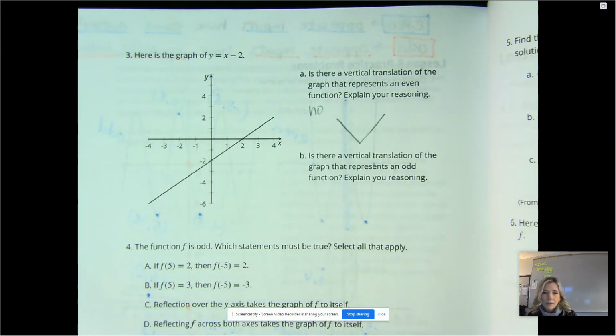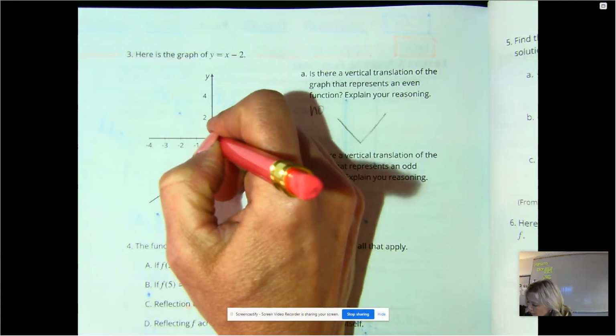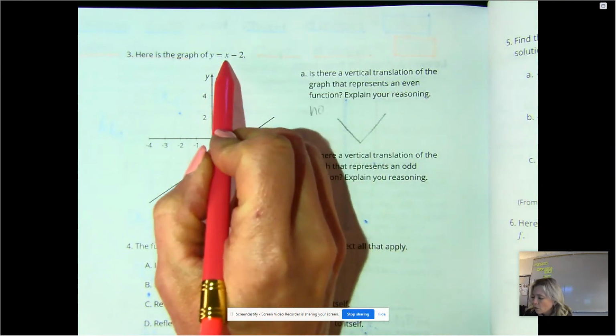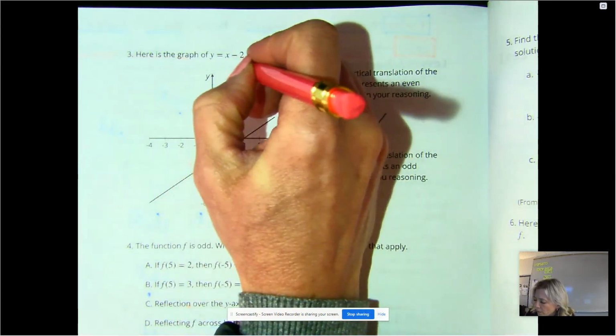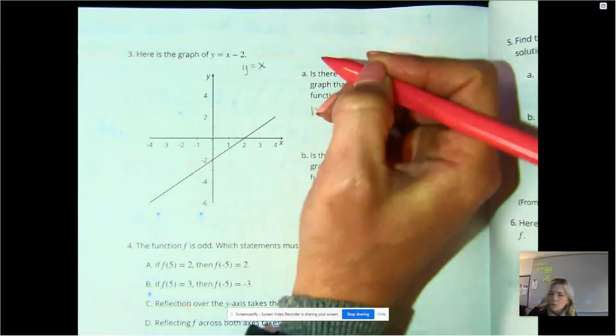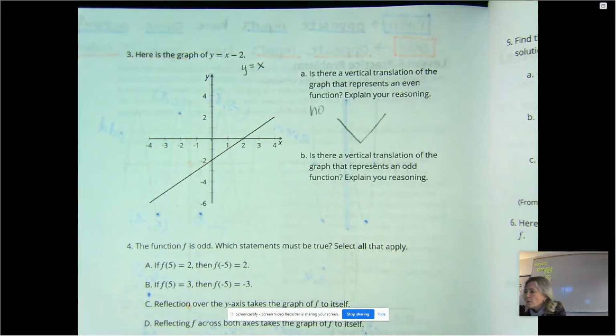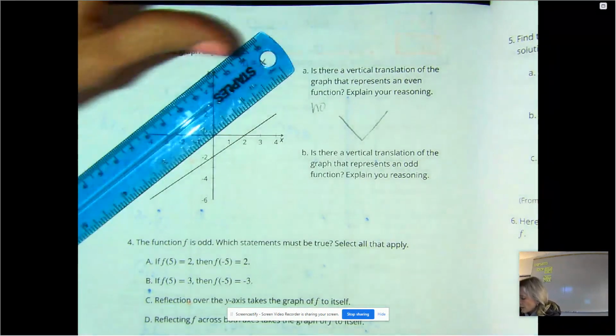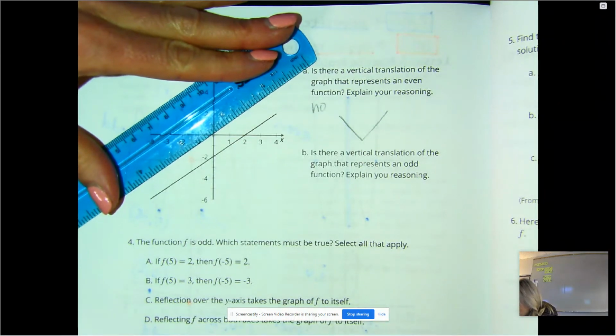However, to represent an odd function, that could happen if we were to move this up 2 places. So we just have the line y equals x, has a slope of 1. So anywhere on that line, y equals x, I'm just going to draw it in here.